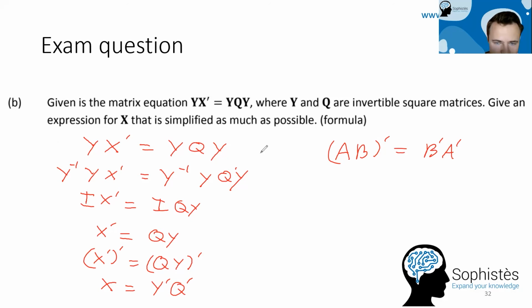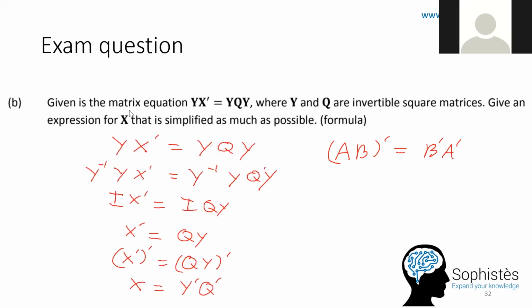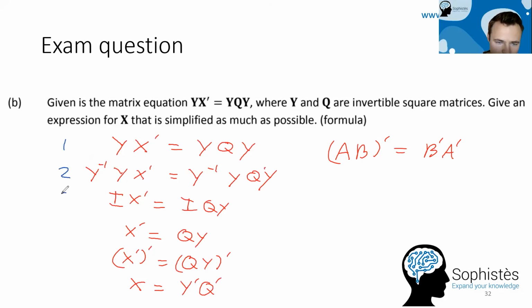So I would just mark some steps. So I would just write down step 1, rule 1, rule 2, rule 3, 4, 5, 6. And then I want to give you guys the chance to ask your questions. So you can just say, Mark, how did you go from step 3 to 4? What is the rule you apply there? How did you go from step 5 to 6? I don't see what you're doing there.